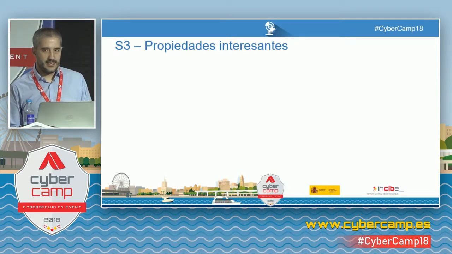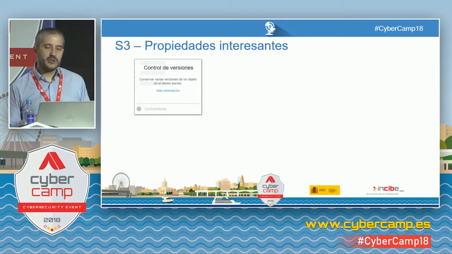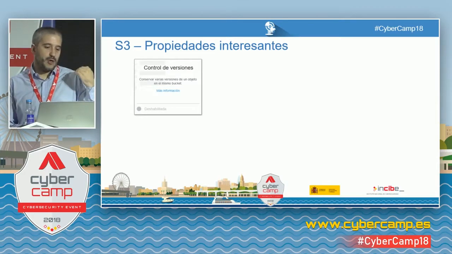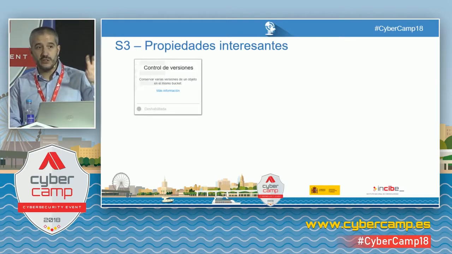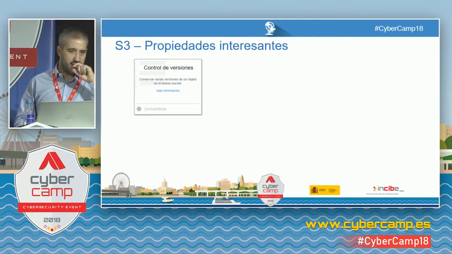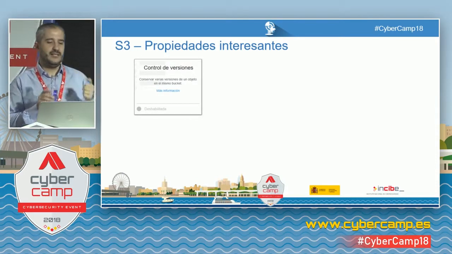What about interesting properties that we might come up with when we play with buckets? We can enable the versions. Why is this interesting?